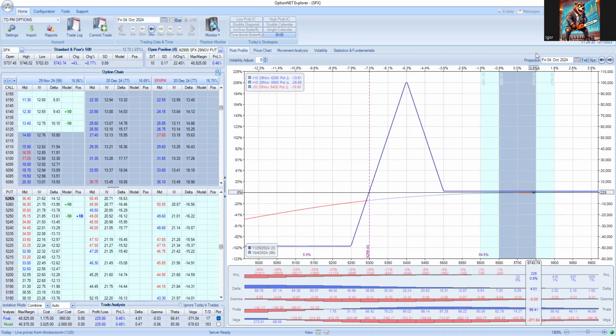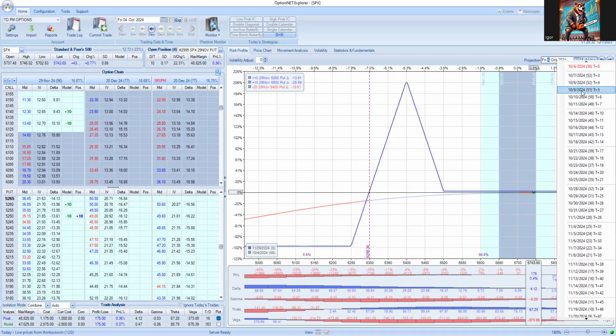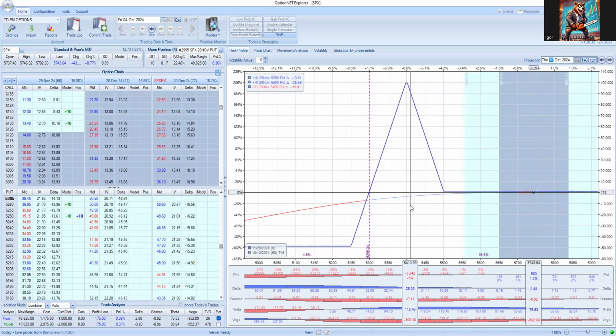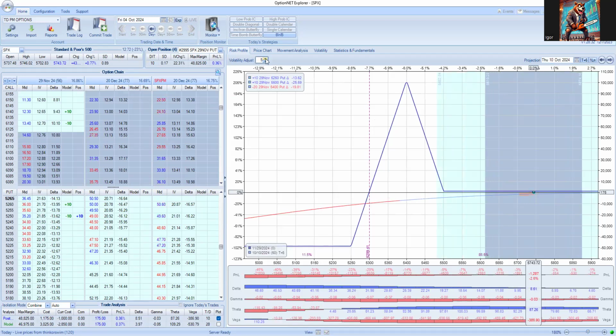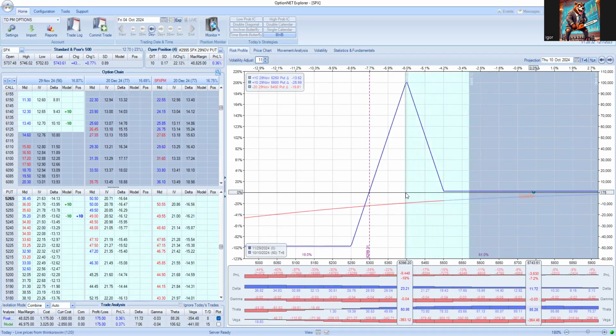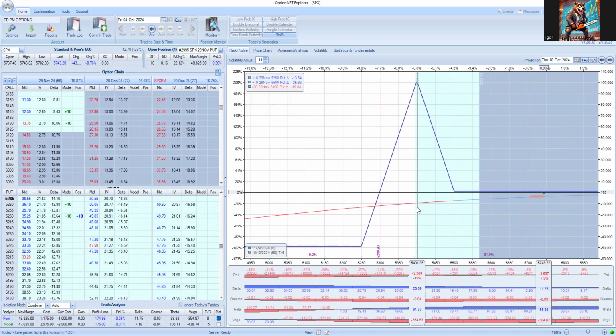If we get there sometime next week, assuming that volatility is going to pick up as well, if we move down 6% in a week, volatility is going to increase. And that's not going to help, right? We're going to see the T plus zero line push downwards, and we're going to have a loss in this trade. So that's potentially a problem for us.